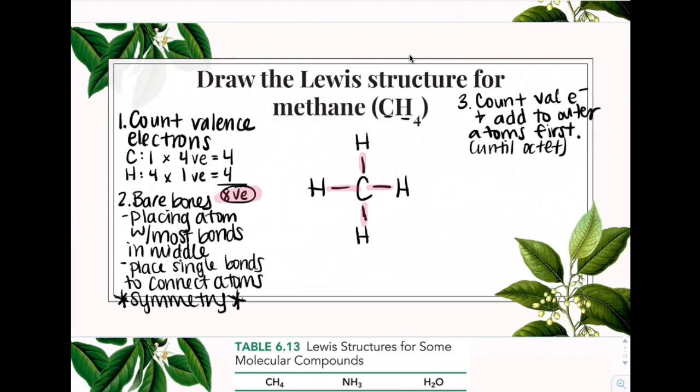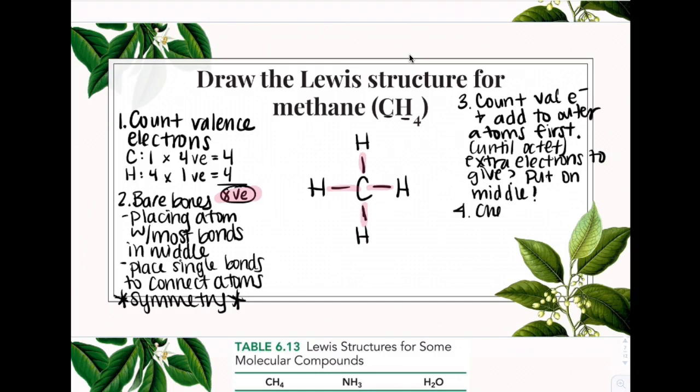Remember, the middle atom is going to be the one that doesn't like the lone pairs as much. And then if you have extra electrons to give, we don't have any here, but you may encounter them, put them on the middle. And I'll show you some examples of that.